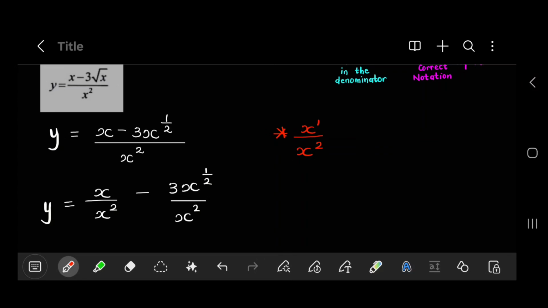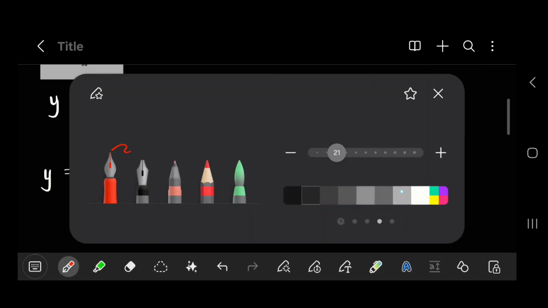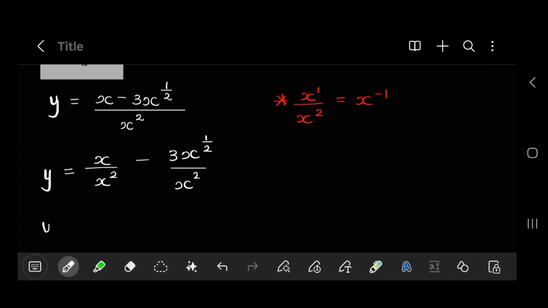We are going to use laws of exponents to simplify this. So you guys know when you are dividing bases that are the same, you can subtract the exponents. We're going to take the top exponent minus the bottom exponent. Here we have 1 minus 2, which gives you -1. So simplifying the first term, you have x to the power -1.